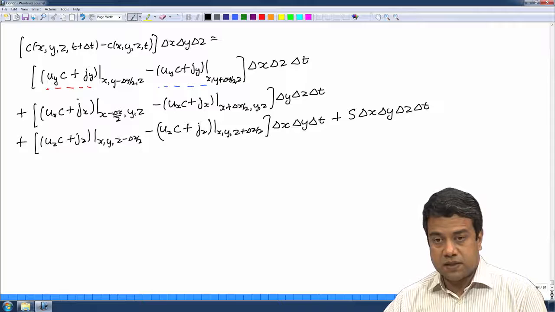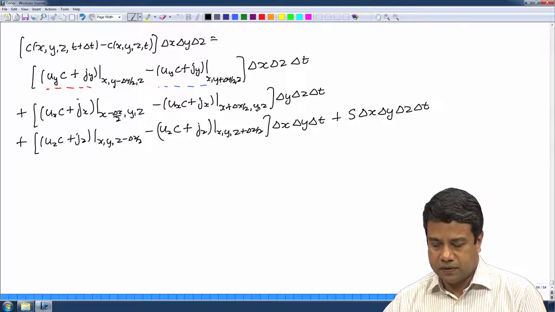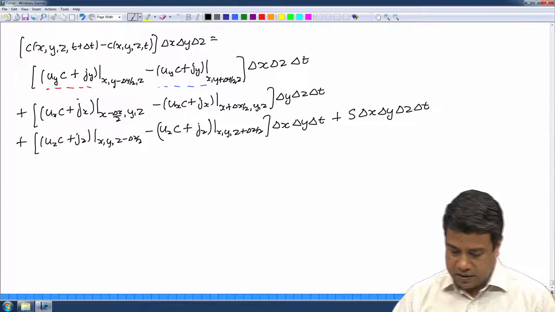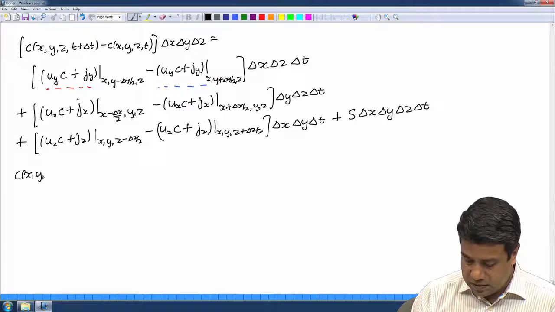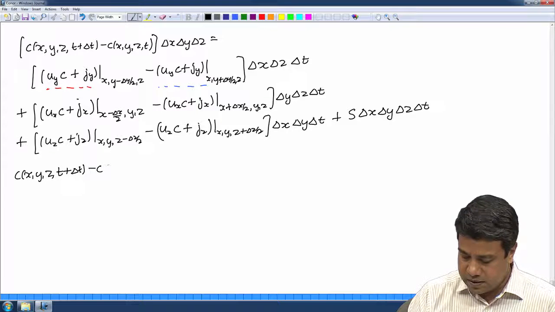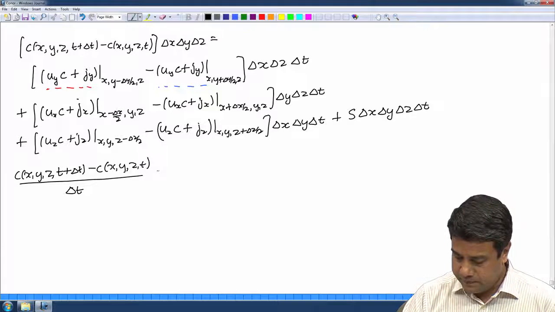So, this is the balance equation, and now I divide throughout by volume and divide throughout by time. On the left side, I will get c of (x, y, z, t plus delta t) minus c at (x, y, z, t), by delta t.